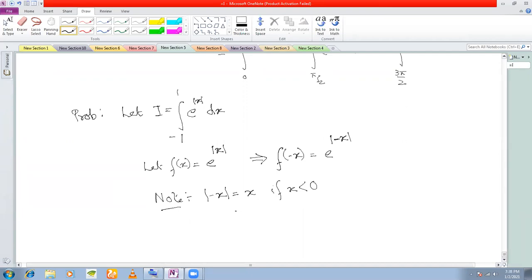It is equal to minus x if x is greater than 0, right? You know this, isn't it? So you can write this as e to the power of x if x is less than 0, and e to the power of minus x if x is greater than 0, right?